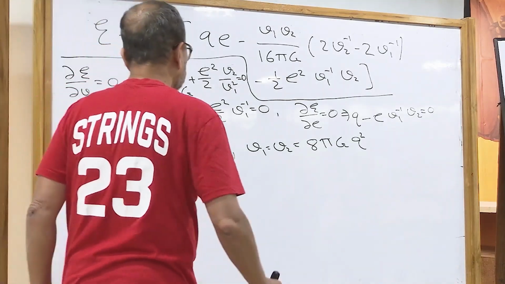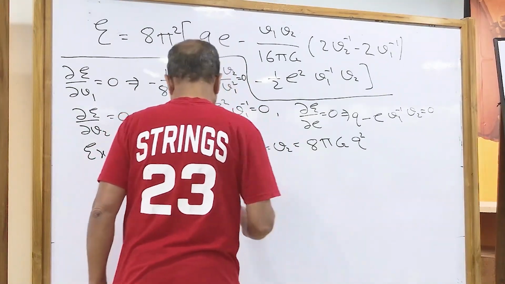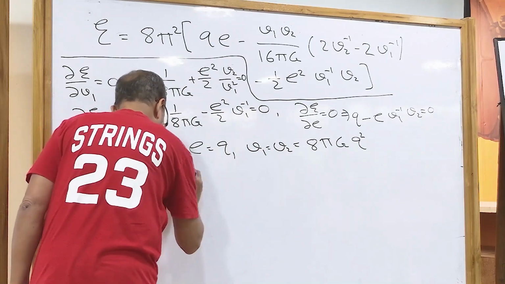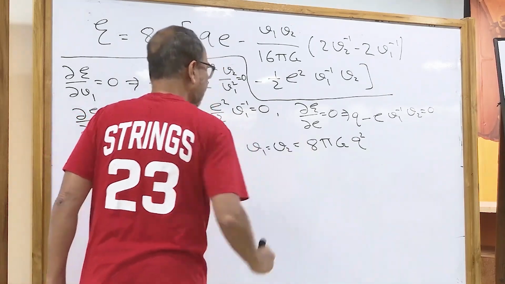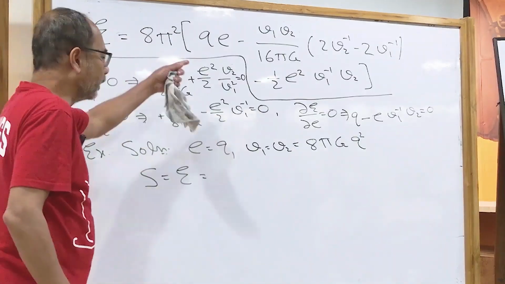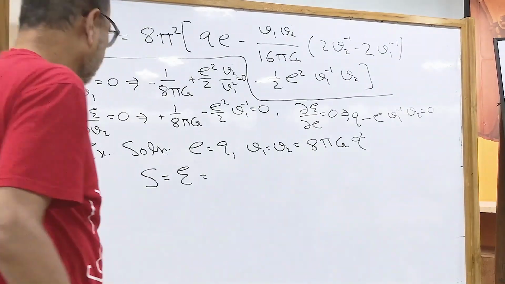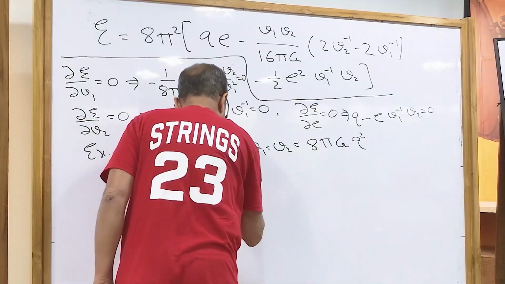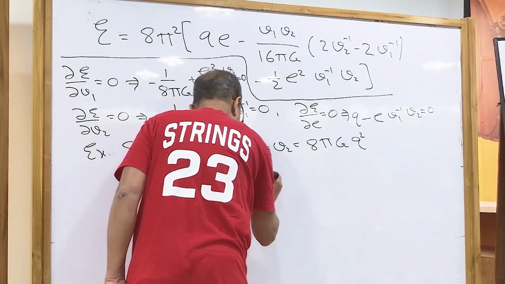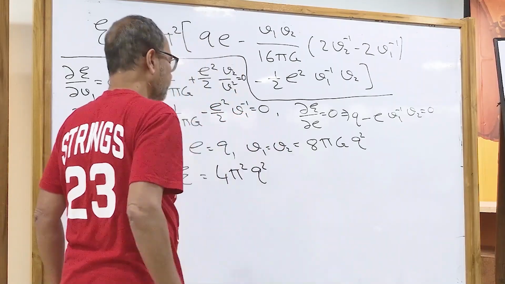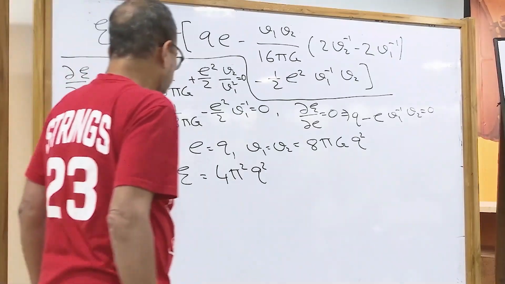And S, which is E at the extremum, so you have to substitute all this. Once you substitute all this, we get 4 pi square Q square. I'll leave it to you to check.